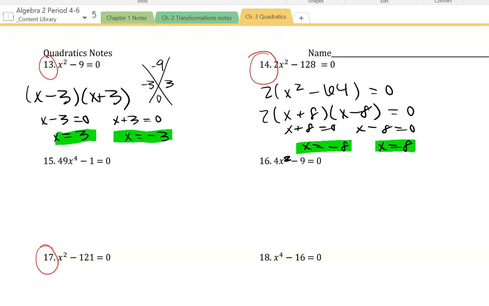So in this case, the way that I think about this, and this is where the pattern of difference of two squares comes in, is the first space that you're filling out for each of these is the square root of the number you're dealing with. So if in this case it's 4x squared, the square root of 4 is 2. So that means this would be 2x and this would be 2x.